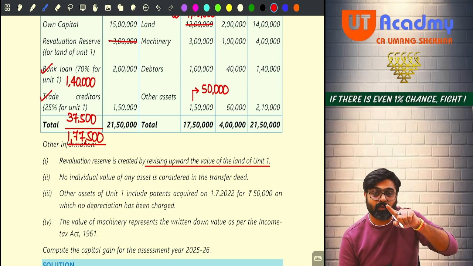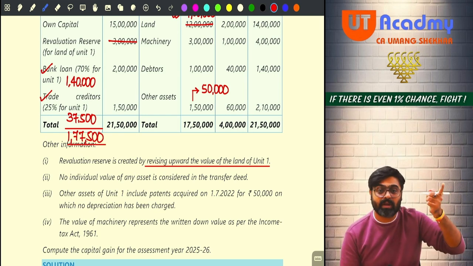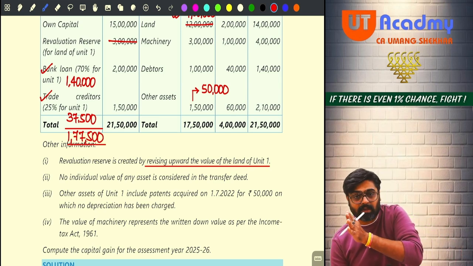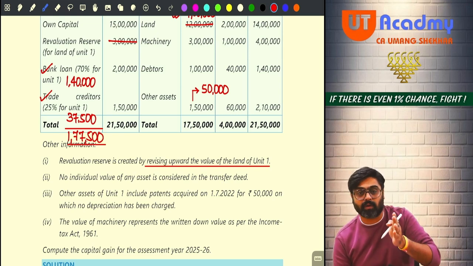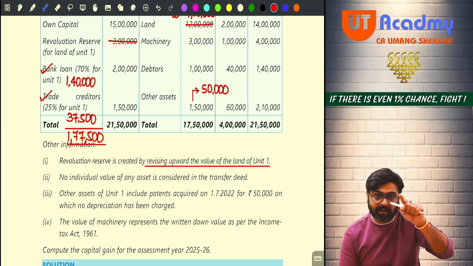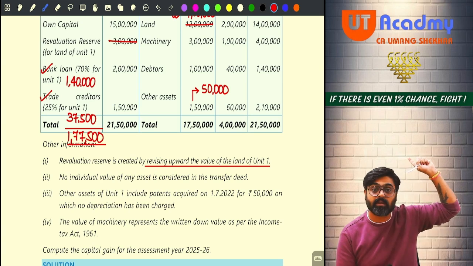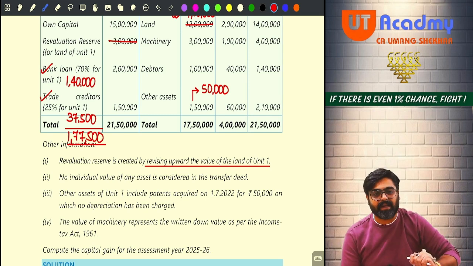I would have taken the first year depreciation in 22-23, and also the second year depreciation for 23-24. Immediately before the slump sale, immediately before 1st April 2024, what will be the WDV? The WDV will be 50,000 minus the depreciation for these 2 years. That will be the WDV for income tax purpose which I have to take for this patent.